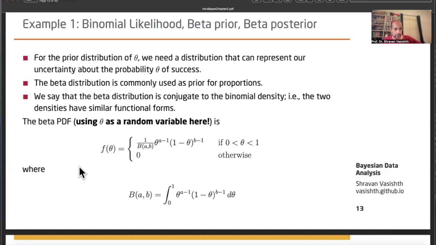This is what the beta distribution looks like, right? The kernel of the distribution is these terms over here. And notice here it says that the support of this parameter theta is going to be between 0 and 1, right?